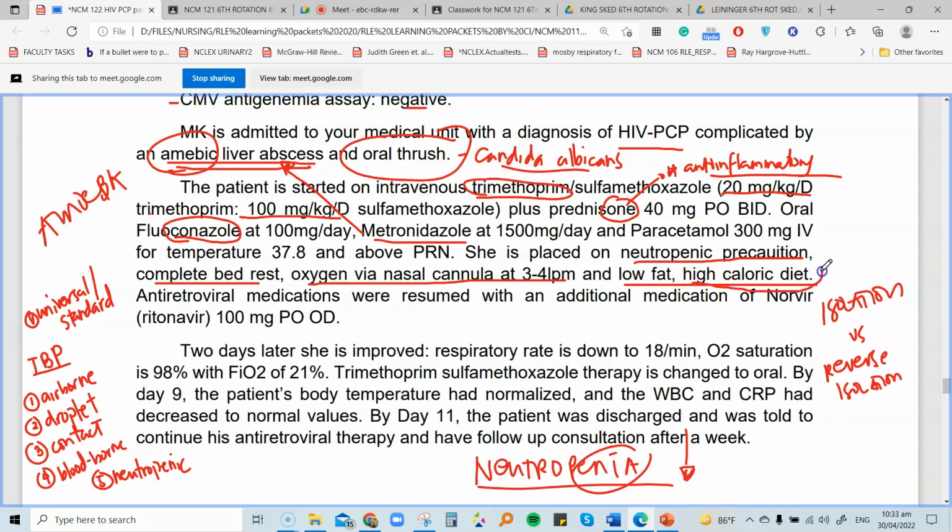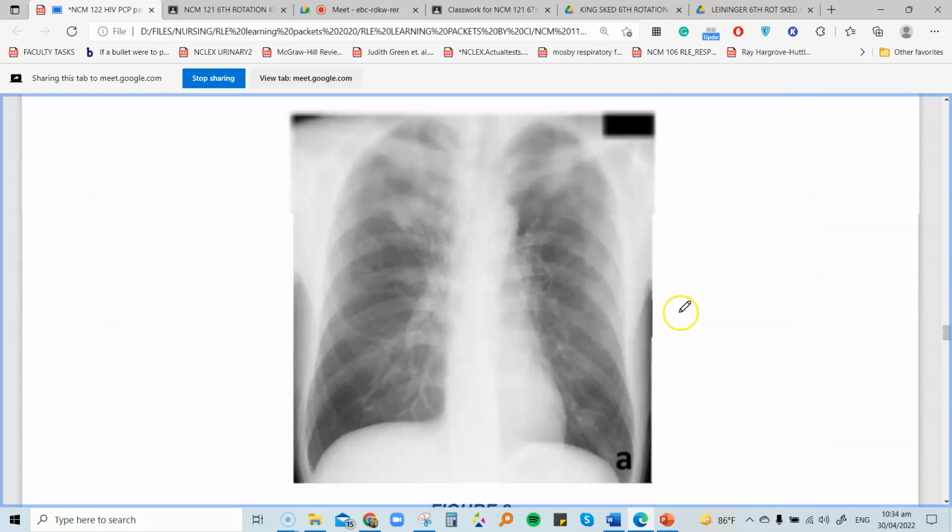Bakit high caloric diet? Because the client is losing weight. So you provide your high carbohydrate or high caloric diet for your client because of that weight loss in the span of 3 months. Okay? Antiretroviral medications were resumed with an additional medication of Norvir. So what were the antiretroviral medications that were resumed? Let's go back. Ito yon.